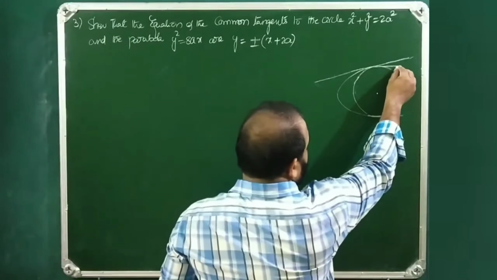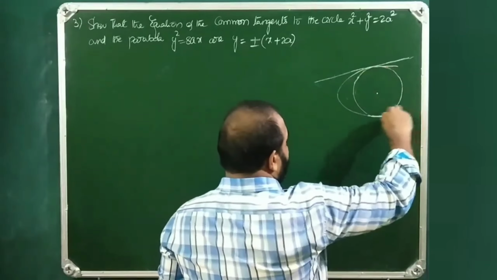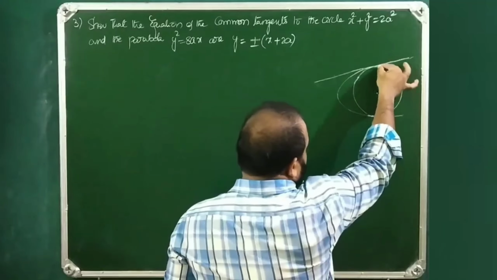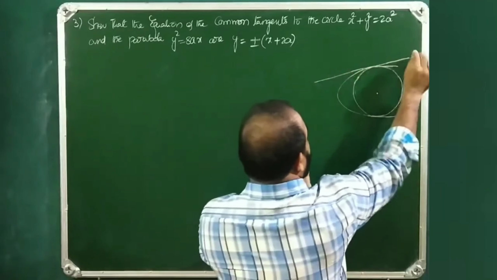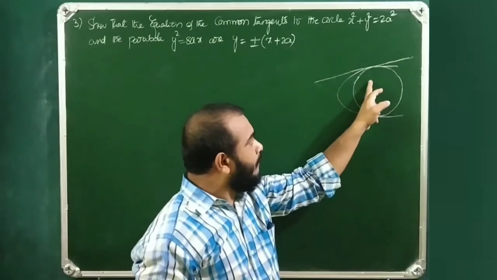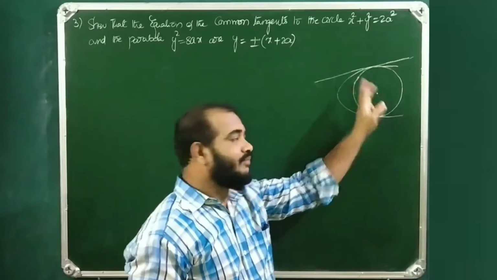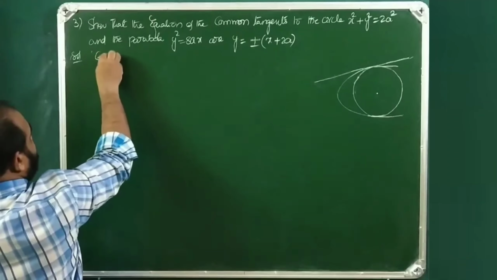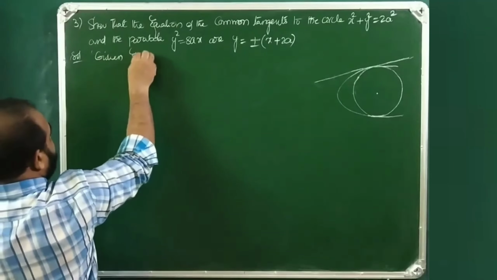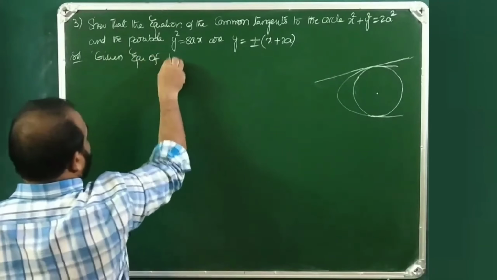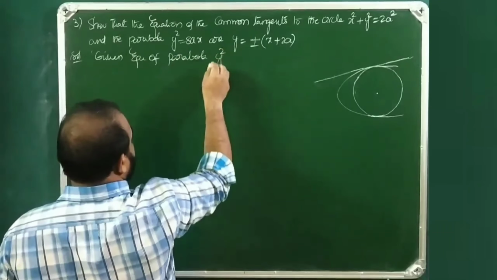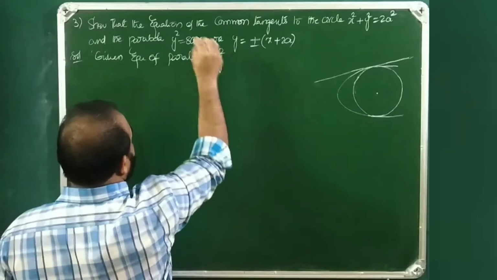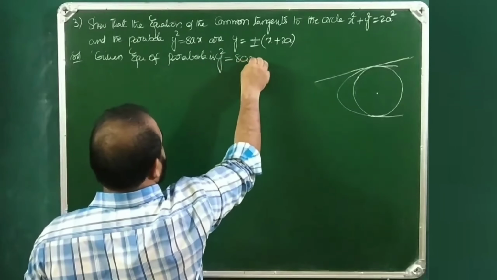So, let us suppose that this parabola is y square equals to 8ax and the circle is x square plus y square equals to 2a square, and this line is clearly tangent to both the parabola as well as the circle. Given equation of parabola is y square equals to 8ax.